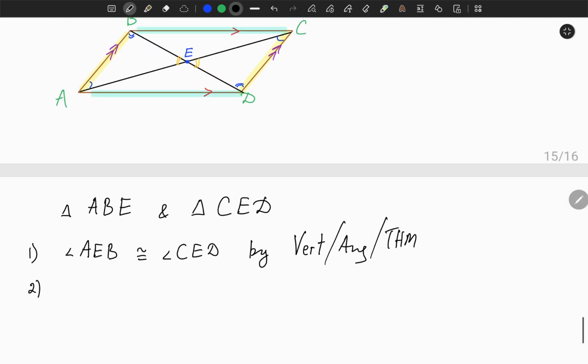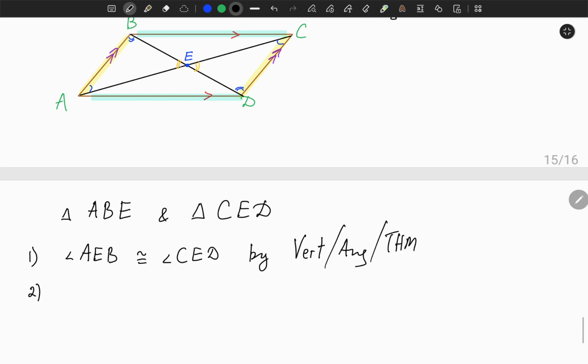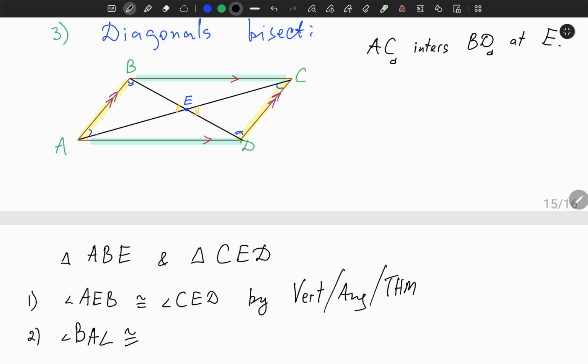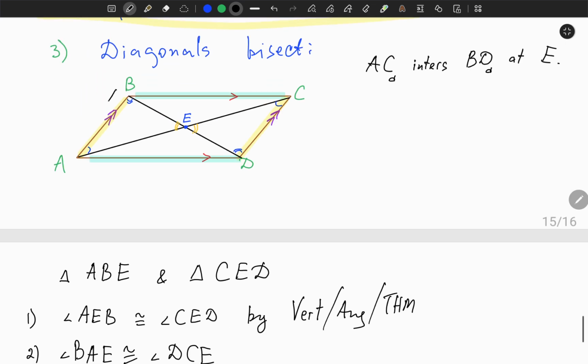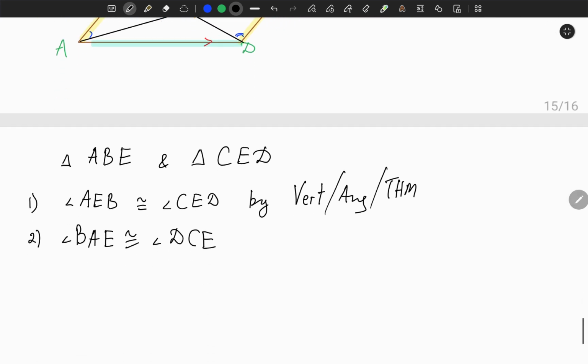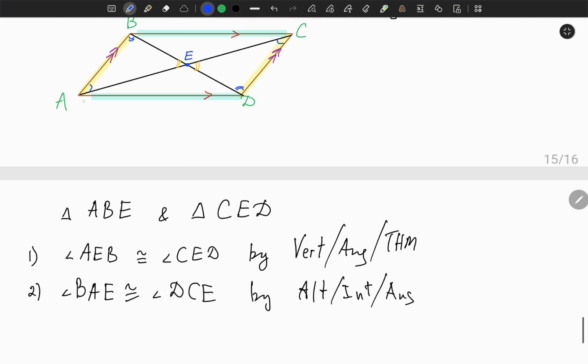For 2, angle BAE is congruent to angle DCE, by the alternate interior angle theorem on transversal AC, the diagonal.